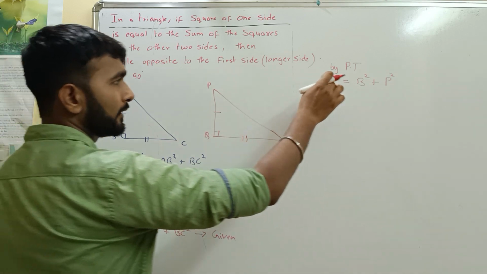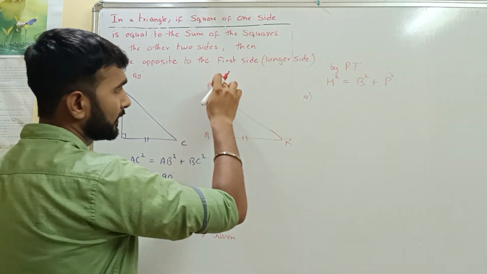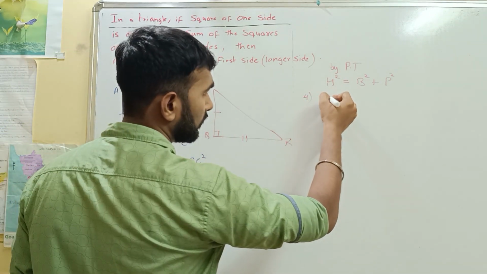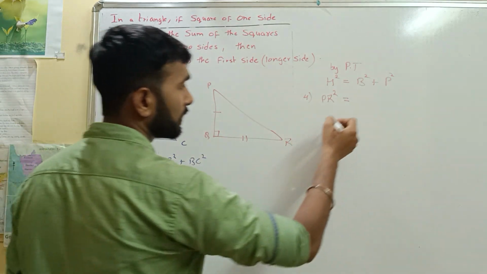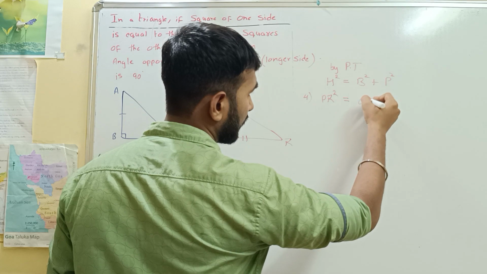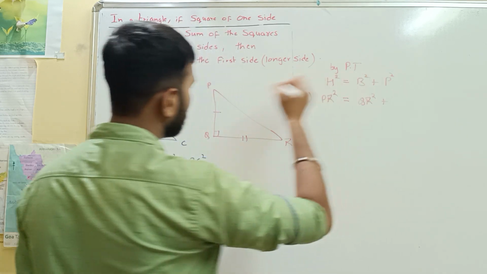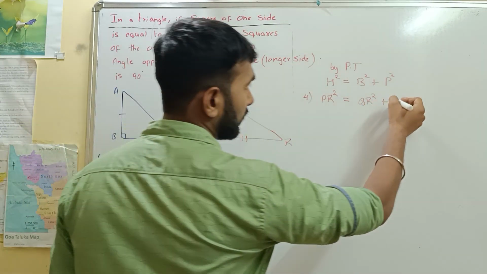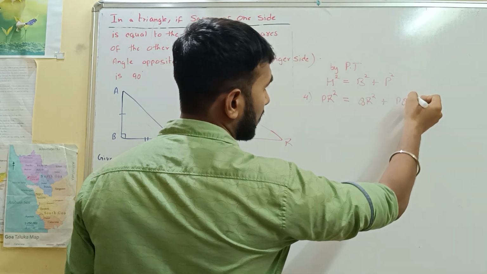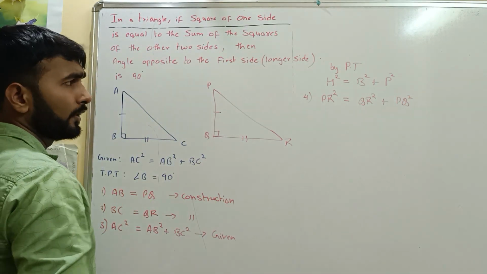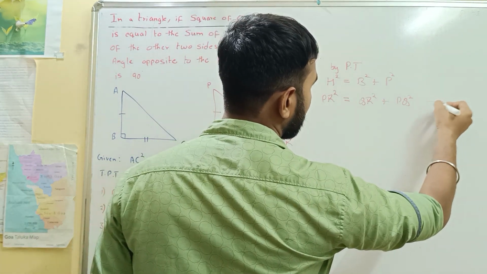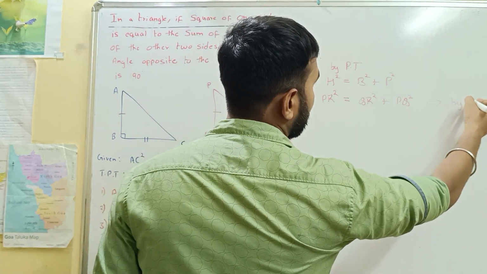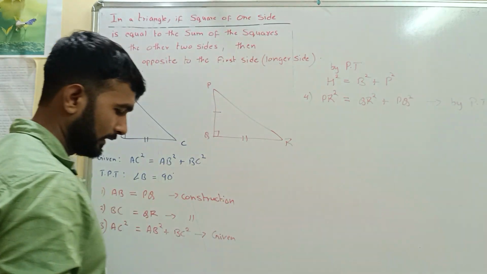If you apply Pythagoras theorem in this triangle, you will get hypotenuse PR square equals base QR square and perpendicular PQ square. Okay. This is by Pythagoras. There's no need to write down the reason, but still we'll write it because some textbooks have it.